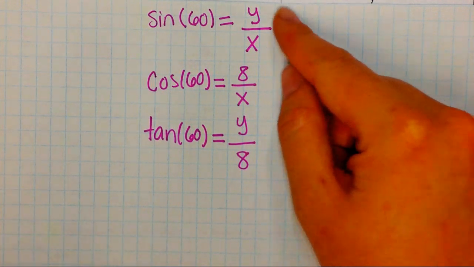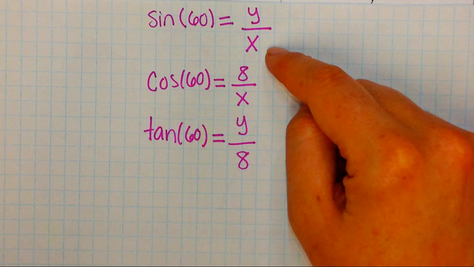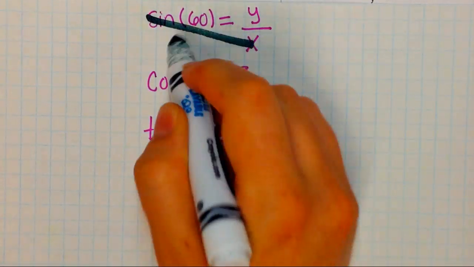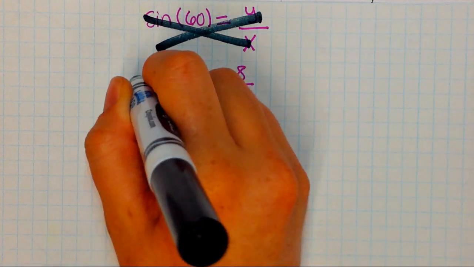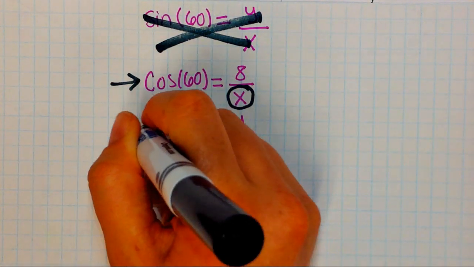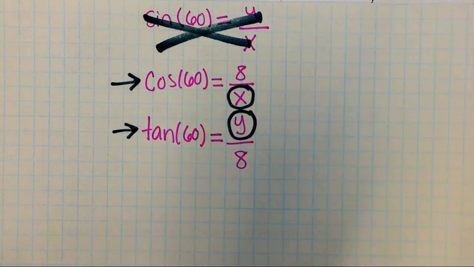This means that if you were to try and use this one, you're going to have to try and solve for both y and x at the same time. And we don't do that. So that's not going to help us. In this case, I'm going to use cosine to get my x, and I'm going to use tangent to get my y.